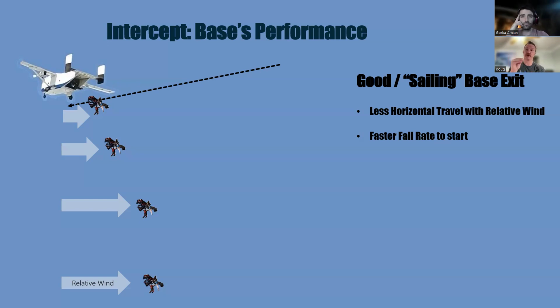The smaller chunks are going to have what looks like less of a sail, and this 8-way chunk is going to have more of a sail. So a 4-way is going to be less than a 6-way, and a 6-way is going to be less than the 8-way. If it's a side door aircraft and it's a 4-way exit and rolls a little bit, it's going to look like it has more vertical fall rate initially. So that's going to change your sight picture as you're identifying the base, line of flight, and the heading.